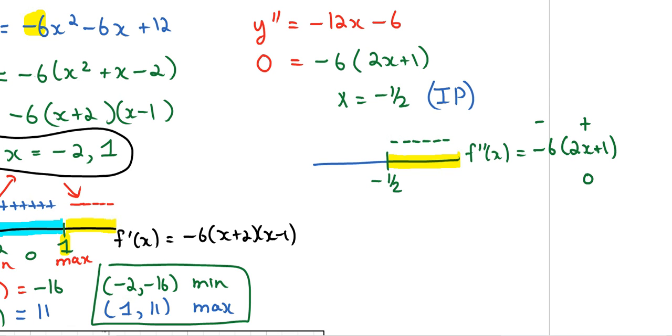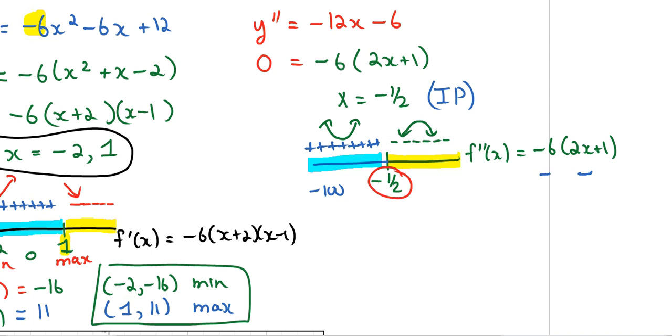If I plug in a value in my blue region, such as negative 100, that is negative and that is negative, so this should be positive. That means my graph is concave up here, and over here it is concave down.